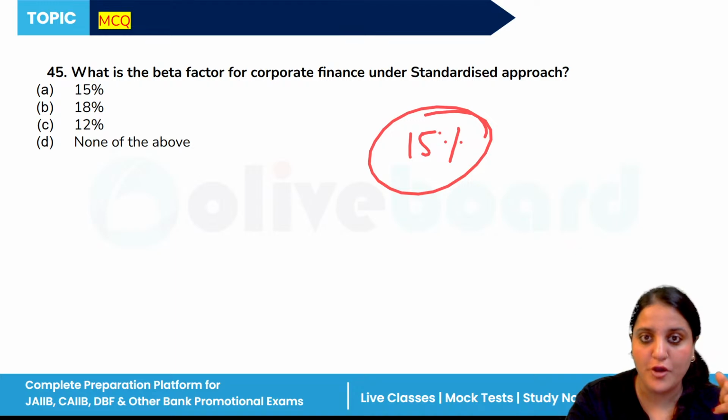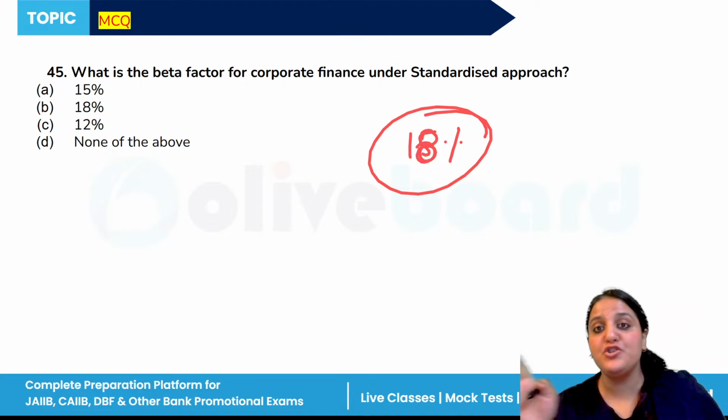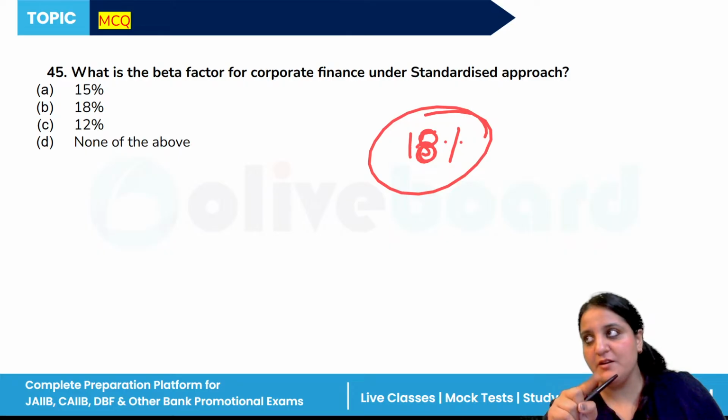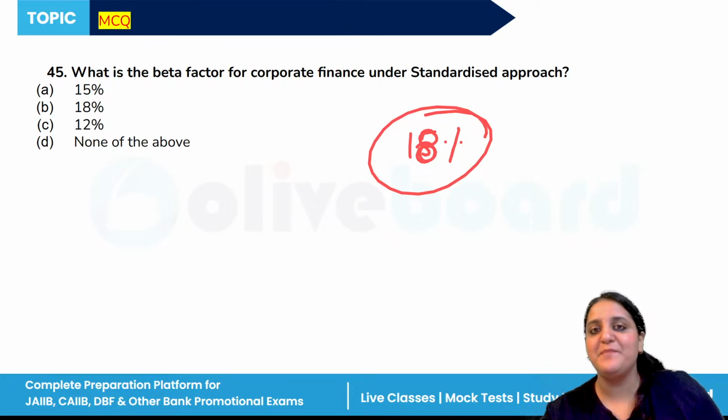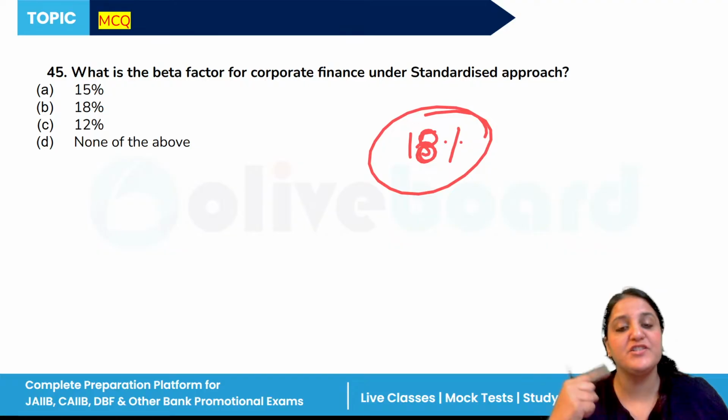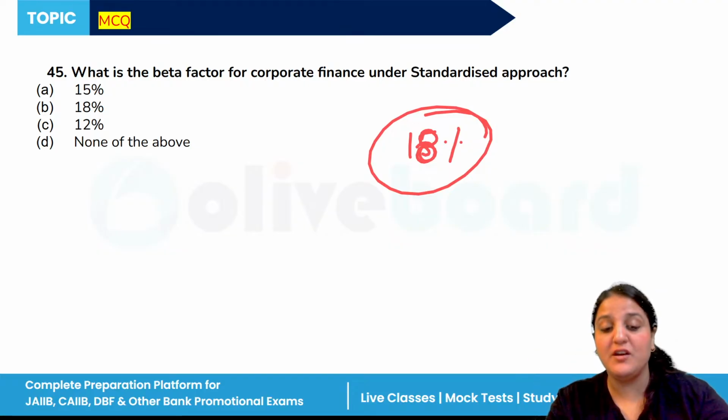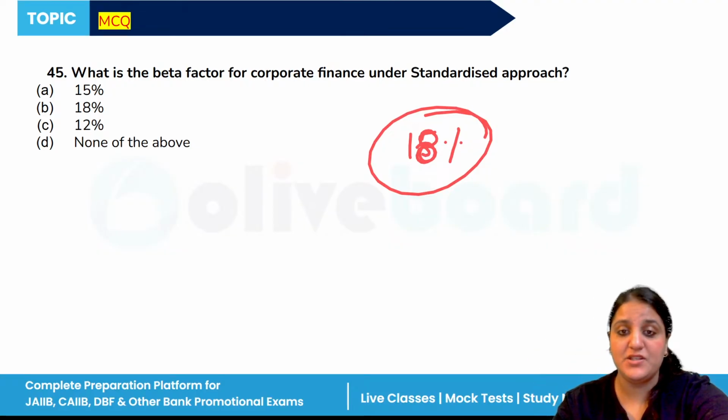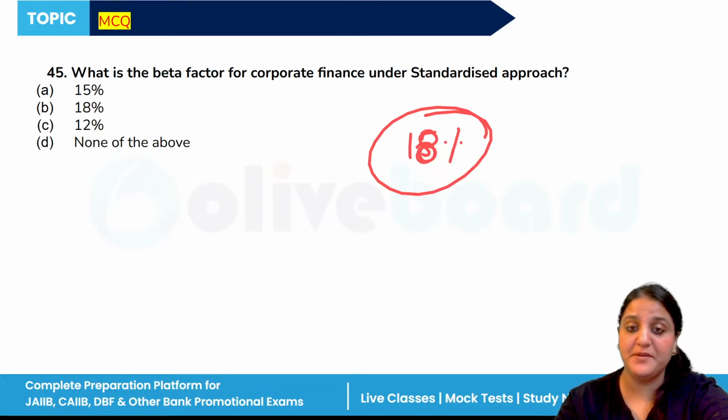In this, for corporate finance 18% is there, because in the standardized approach operational risks are divided into 8 business lines, and from that we have corporate finance which has 18%. So we have to learn all these percentages, because trading and sales is 12%, retail banking 12%, commercial banking 15%, corporate finance is 18%.